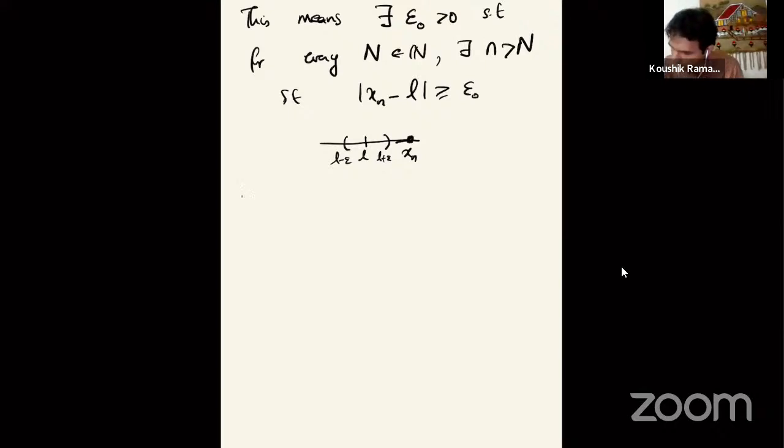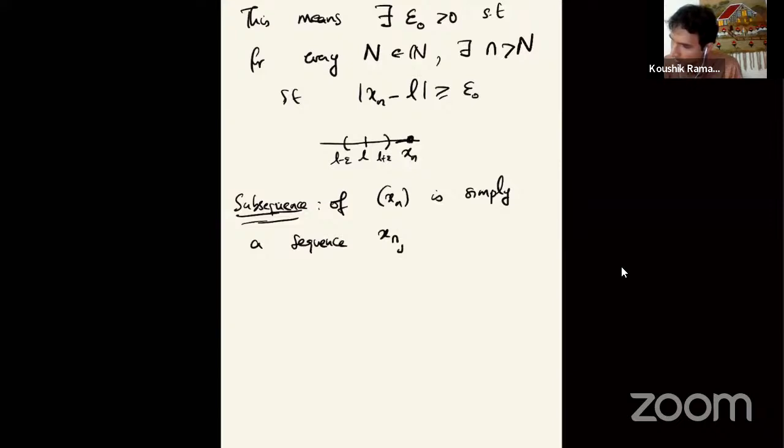So maybe it helps to just define subsequences. Let's quickly define a subsequence. A subsequence of xn is simply a sequence, let's say xnj, where n1 less than n2 less than n3, and so on.